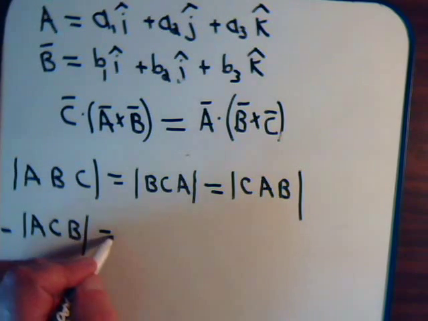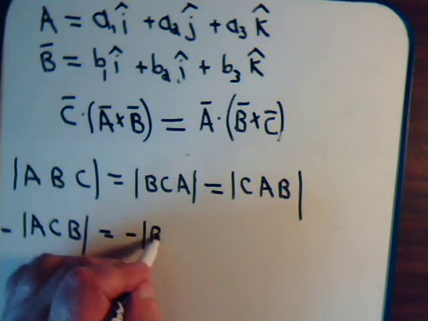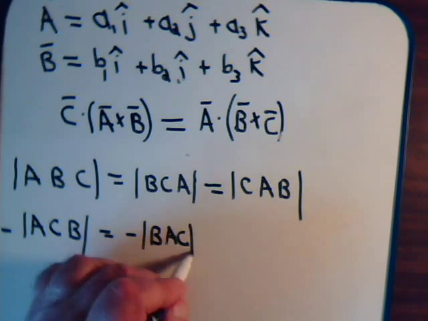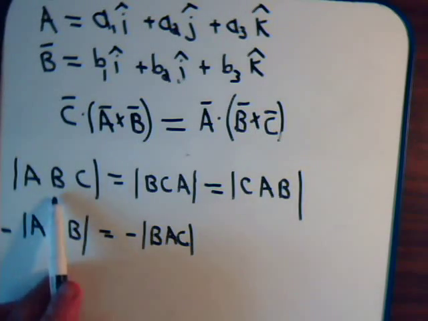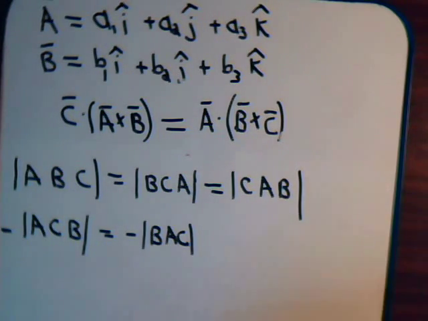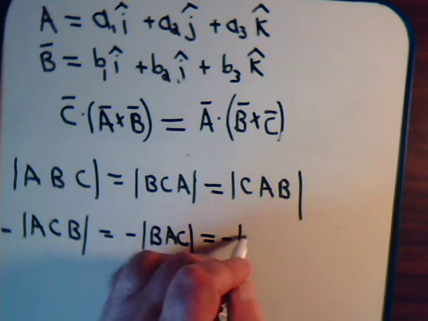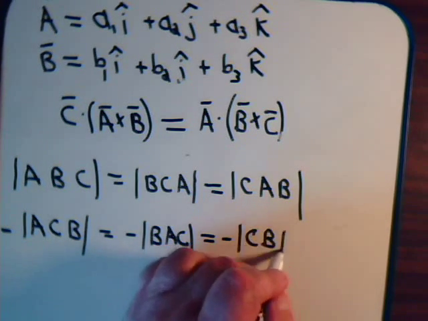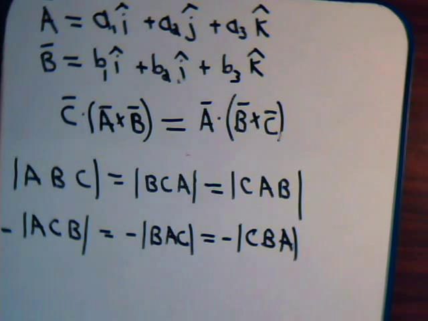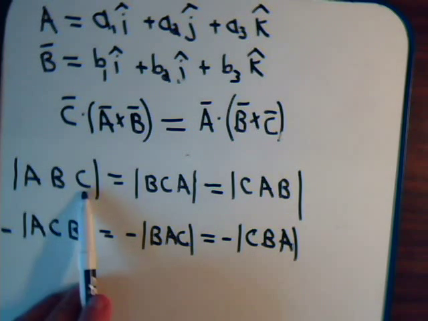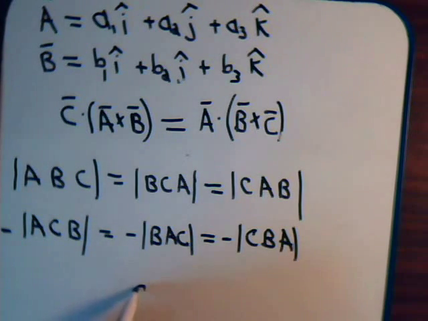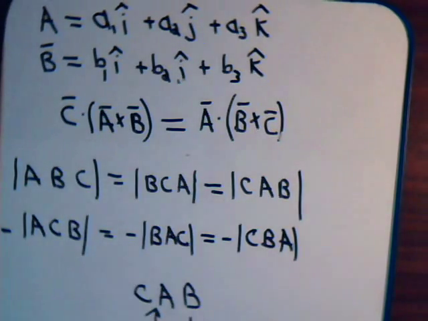Or this would equal minus B, A, C. Again, one change, one is an odd number, or this would equal minus C, B, A. Where here, this would be a row change of 3. We start here, 1, 2 for C, A, B. That was 2 shuffles of the numbers. Now for B, A, that's 3. 3 is an odd number. The sign of the determinant becomes a negative compared to this.